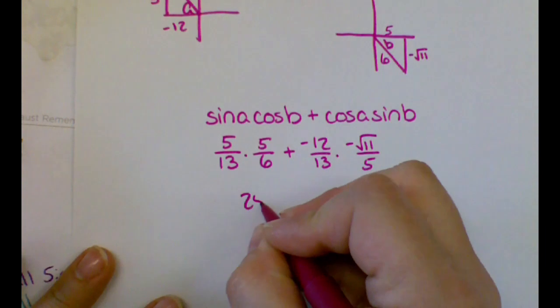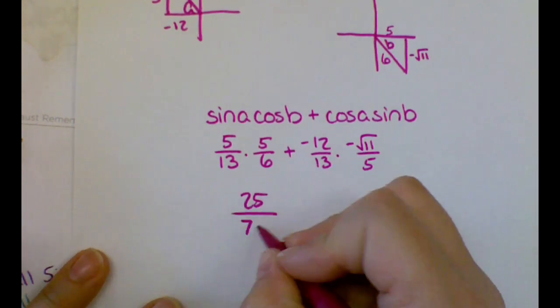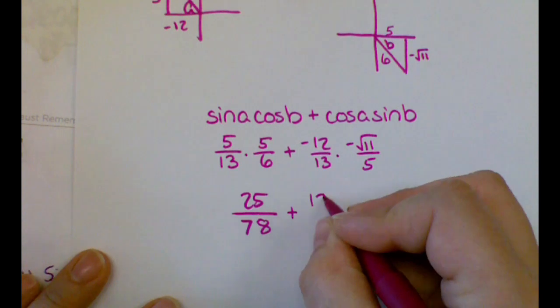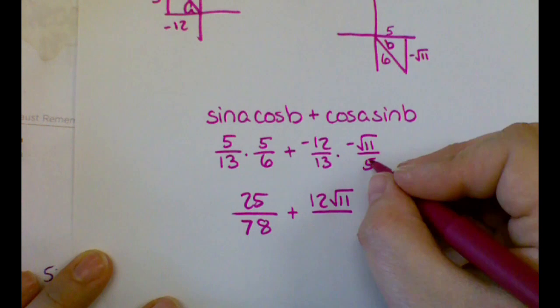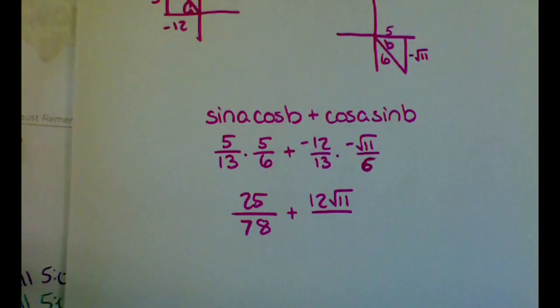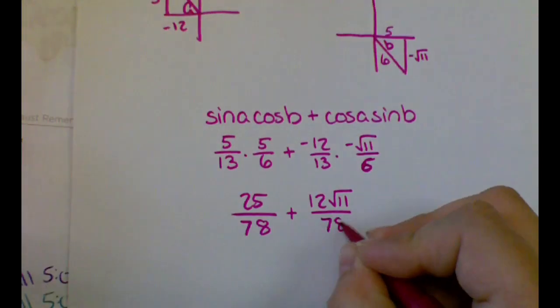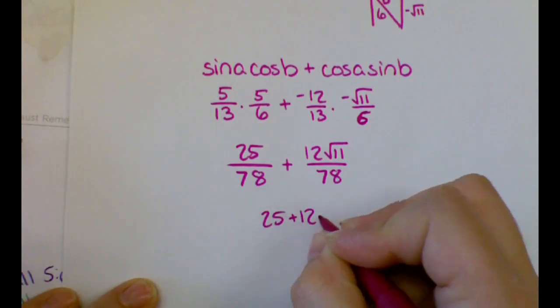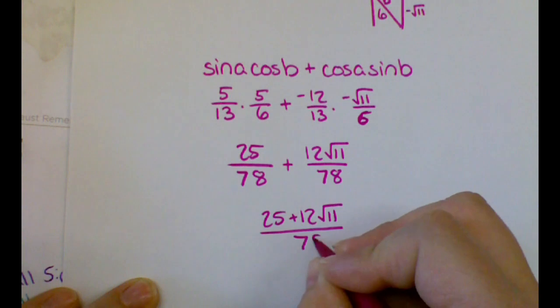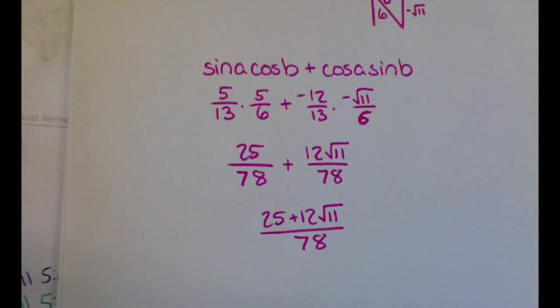I get 25 over 78 plus 12 square root 11 over, I apologize, this should have been a 6, over 78. Add those two fractions together. They've already got a common denominator. And nothing goes into all my terms, so I'm done there.